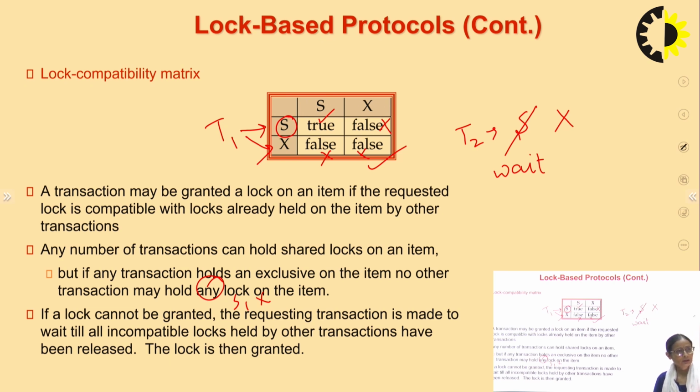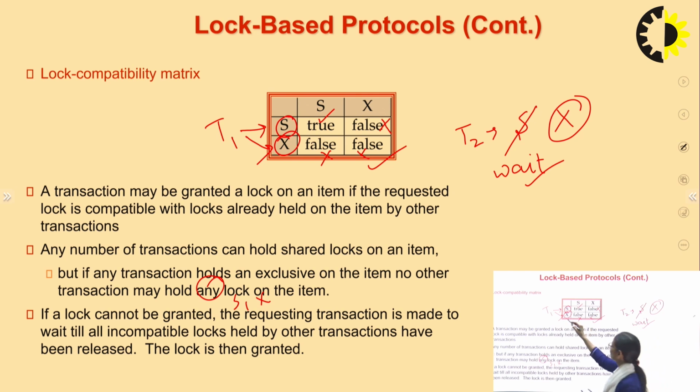If a lock cannot be granted, then the requesting transaction is made to wait till all the incompatible locks held by other transactions have been released. The lock is then granted. That is, if T1 is working on X and T2 comes for X, then it has to wait, and up to what time does it have to wait?